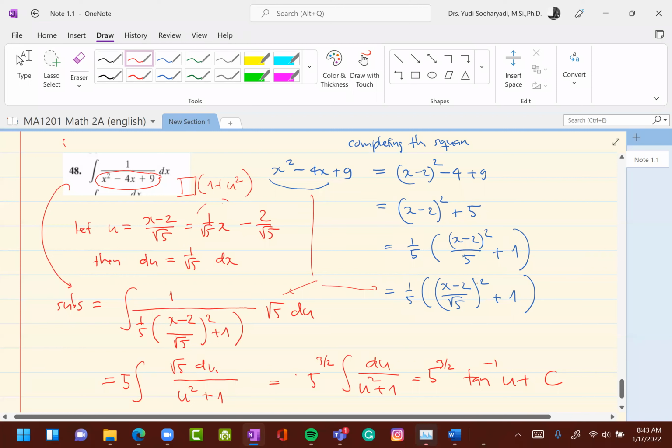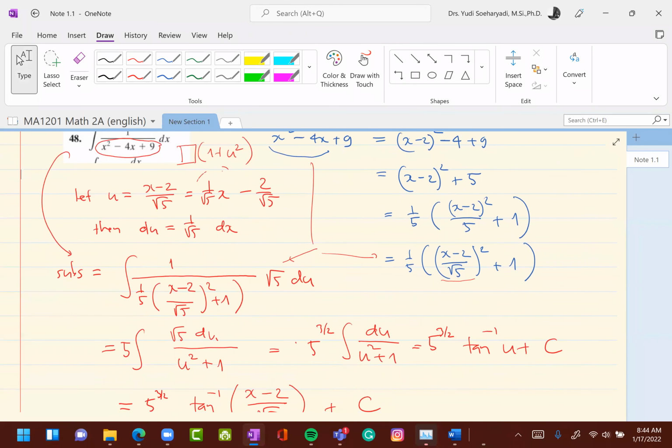So you have x minus 2 over square root of 5 squared. So this is our u. This is the multiple. You have to understand what the objective is. Our objective here is to change this into 1 plus u squared times some constant.